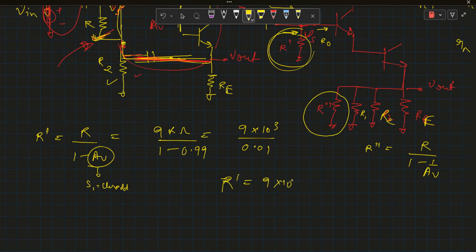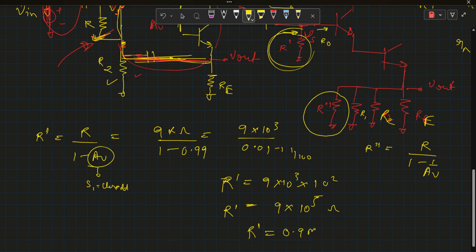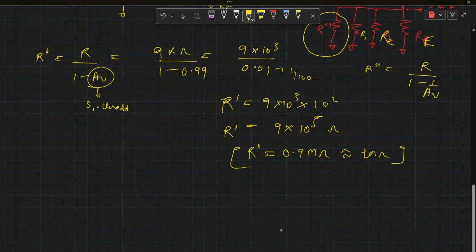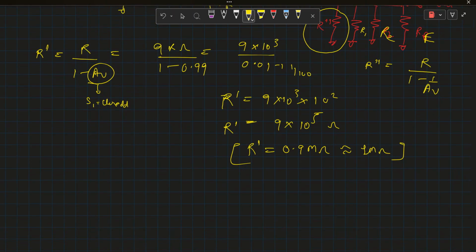We will get 9 into 10 raised to power 5 ohms, and we can say R dash is 0.9 mega ohm. So I hope you like this solution.